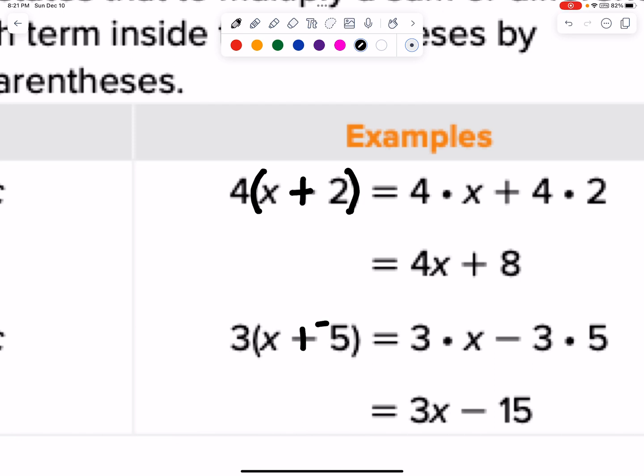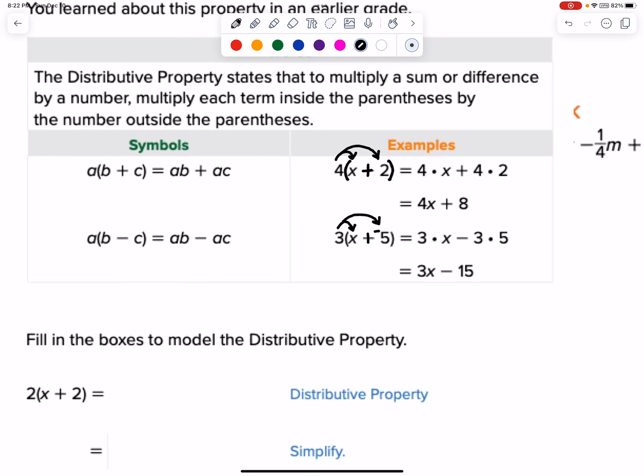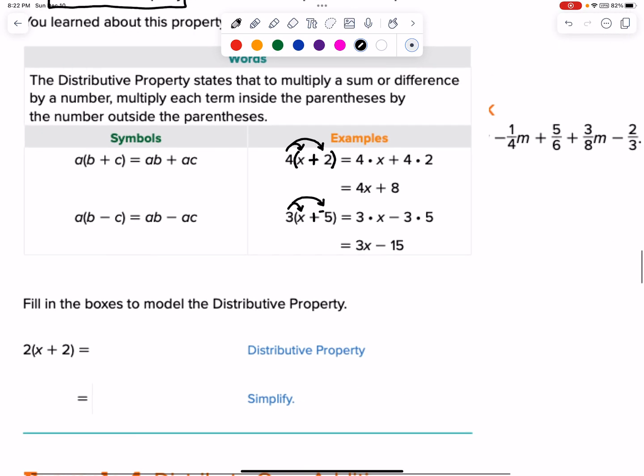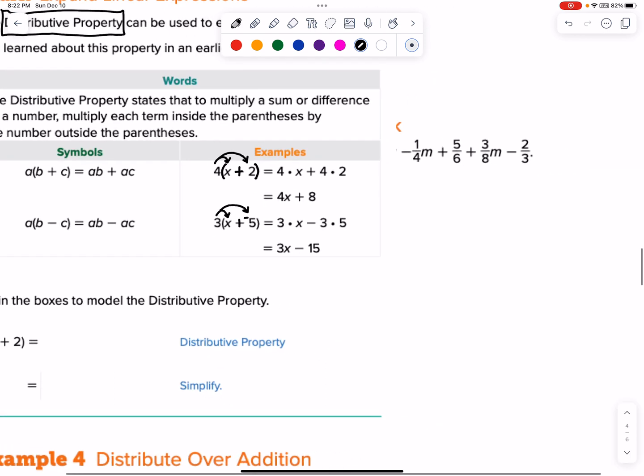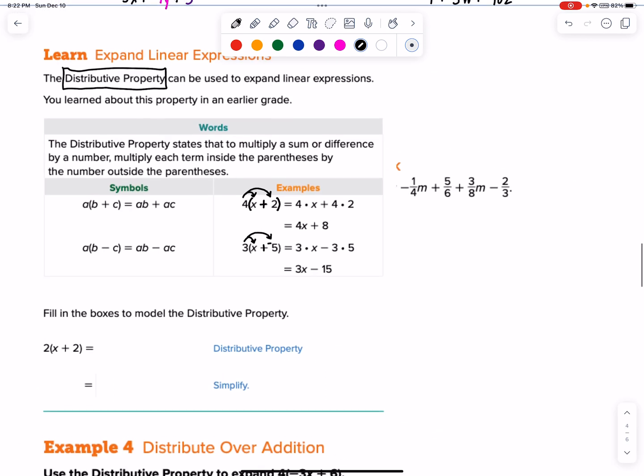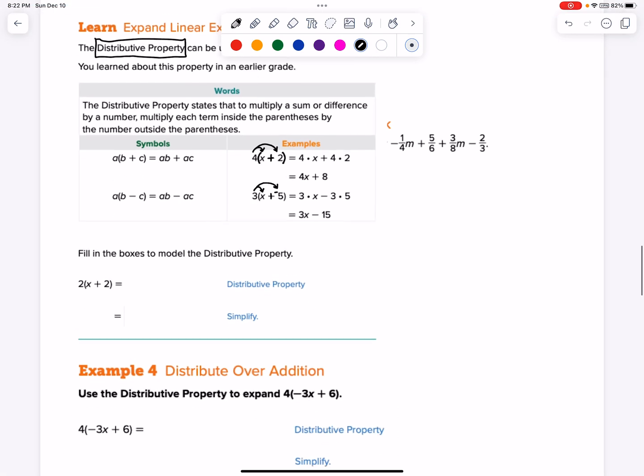And so we have a number that is being multiplied to both of these pieces. So it's 3 times x plus 3 times negative 5. And so that's what distributing means, and we need to do that in order to expand the linear expression so that we can then simplify it.